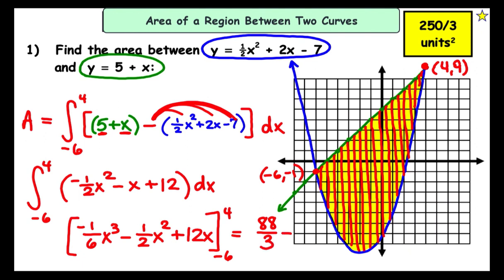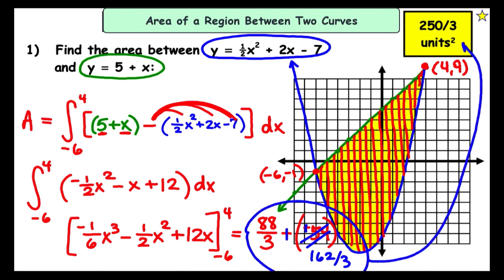Minus, this is fundamental theorem, plugging in the negative 6 will give you a negative 54. Obviously, plus plus, you can get a common denominator. The 54 can change into 162 thirds, and adding these two together will give you the 250 thirds.